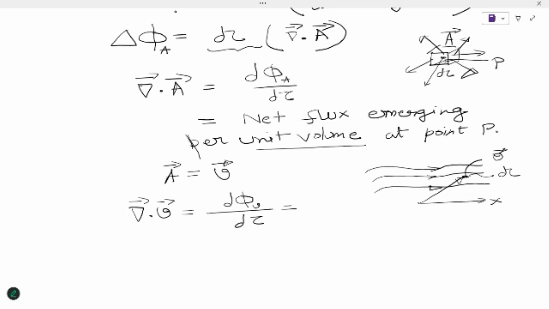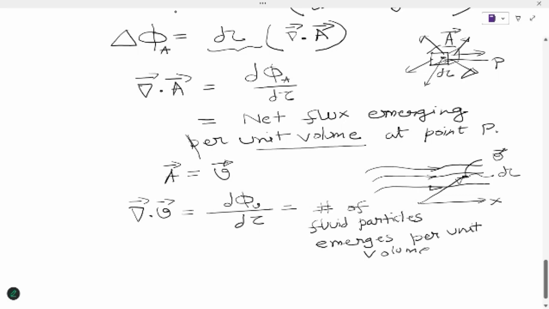So this is nothing but the number of fluid particles that emerge per unit volume.